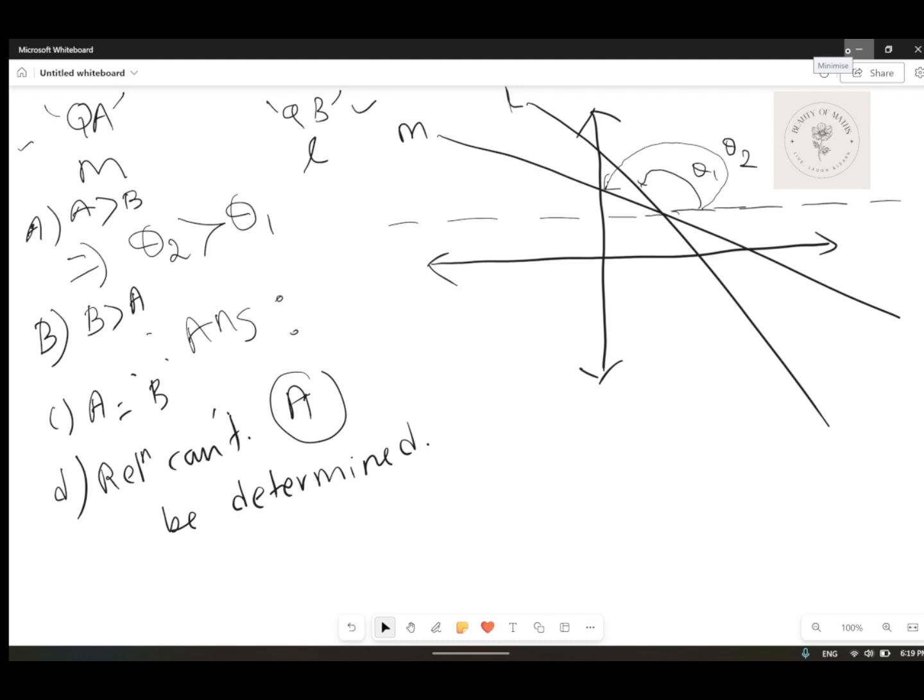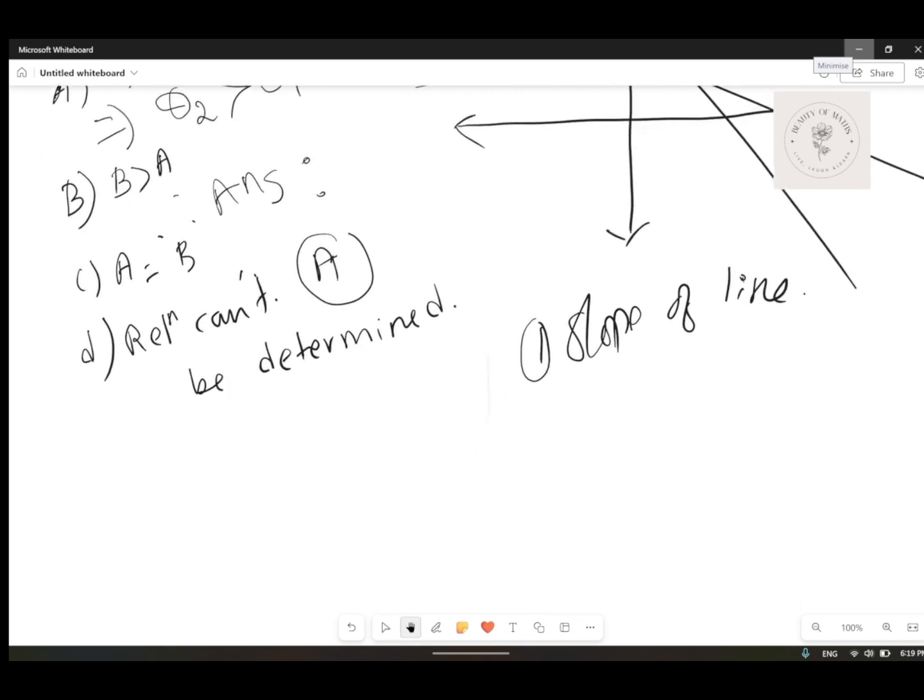So this is the first way to find the slope of a line, okay? But this is not enough for our syllabus.